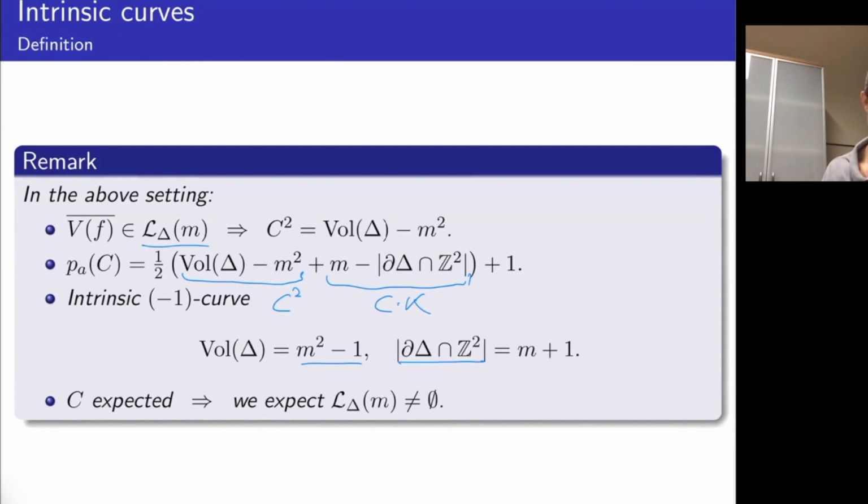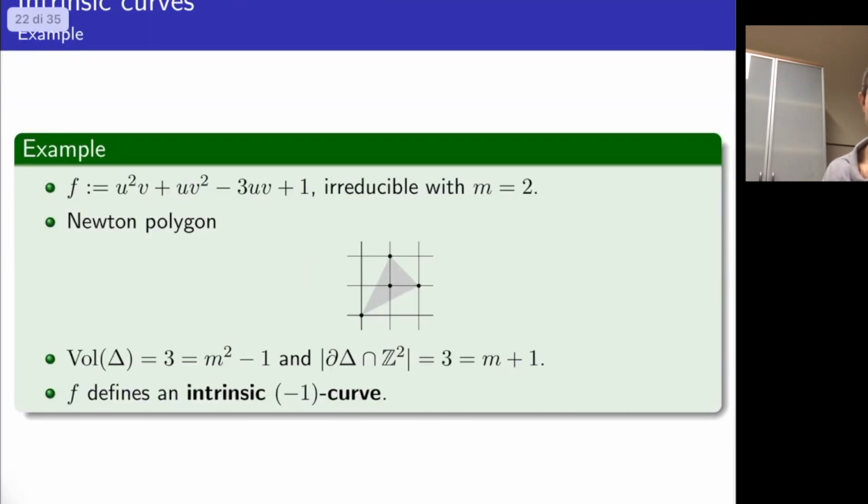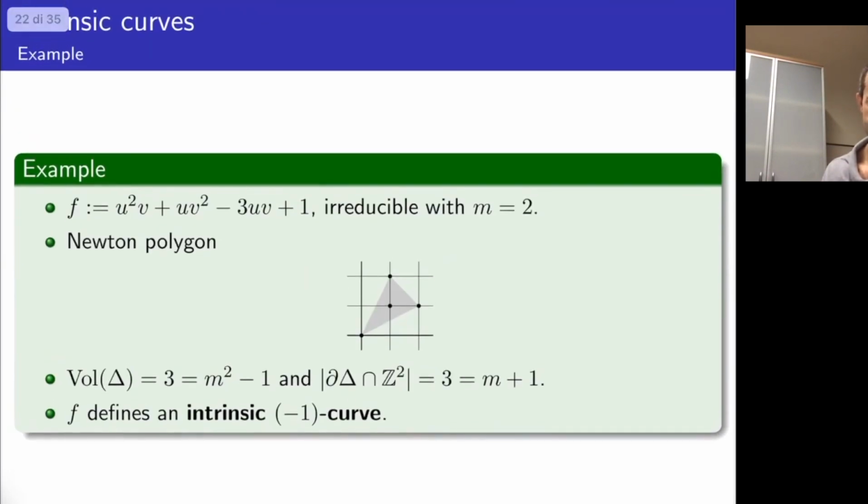Let me give one example. We start from this polynomial in two variables. You can see that it vanishes when u and v are equal to 1. And also its first derivatives vanish for u and v equal to 1. So the multiplicity at the point 1, 1 is 2.